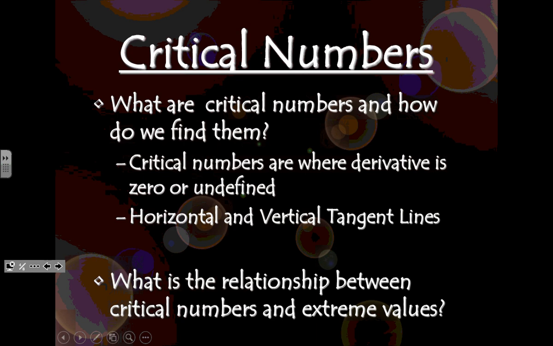Okay? So you just established the relationship. The relationship between critical numbers and extreme values says that if the function's going to have an extreme value, then it's going to occur at a critical number, right?